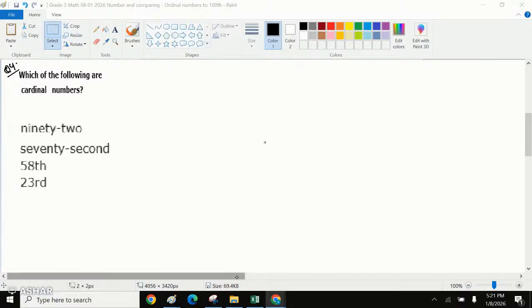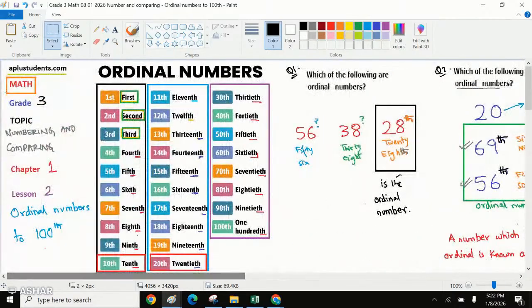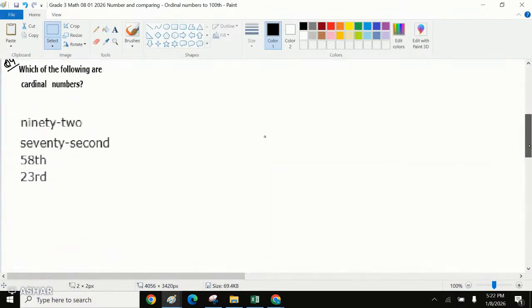We saw the rule for cardinal numbers: cardinal numbers will not have a th, st or nd at the end of the number. And the numbers which have th, st and nd are ordinal numbers. So cardinal will not have the ending.